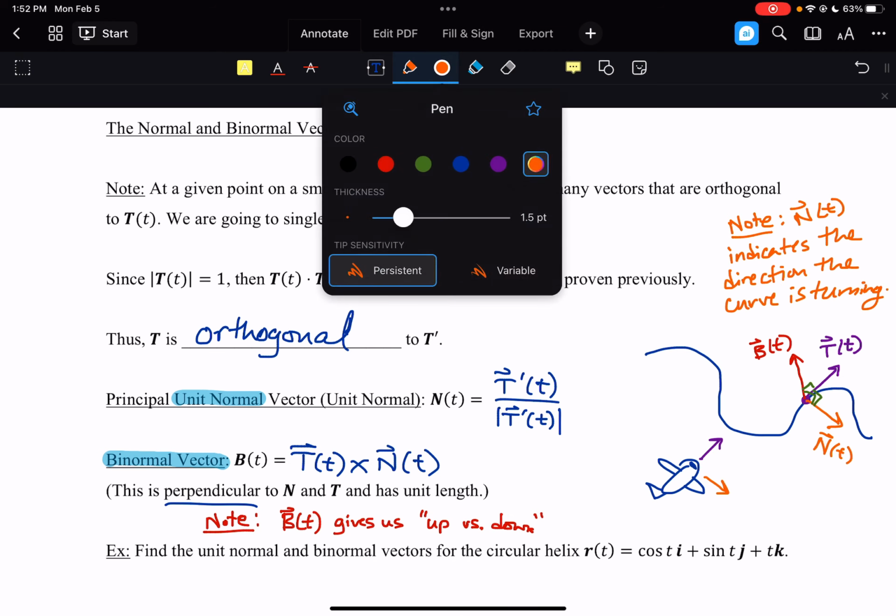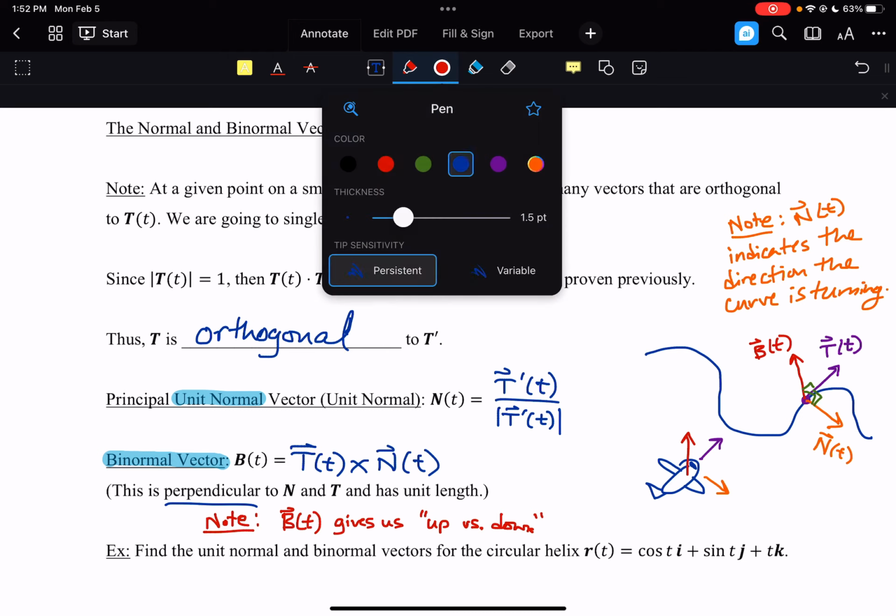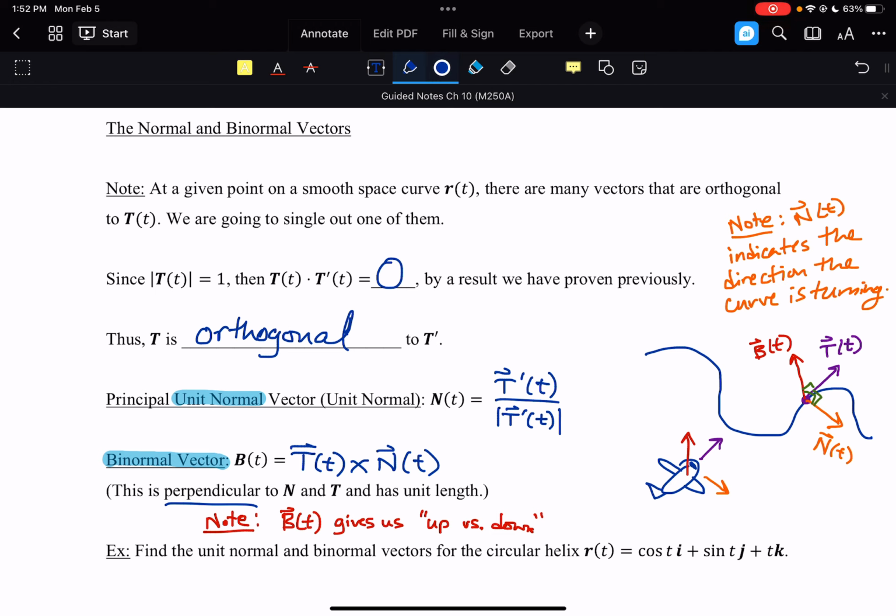And the one that gets maybe the most overlooked, but is perhaps the most important, the binormal vector, tells us what direction is up. Because, of course, if you're flying a plane, you very much want to be flying with everyone's heads pointed upward towards the sky, so that gravity is holding you into your seats. But you can use these three vectors to give very specific information about where you're going.